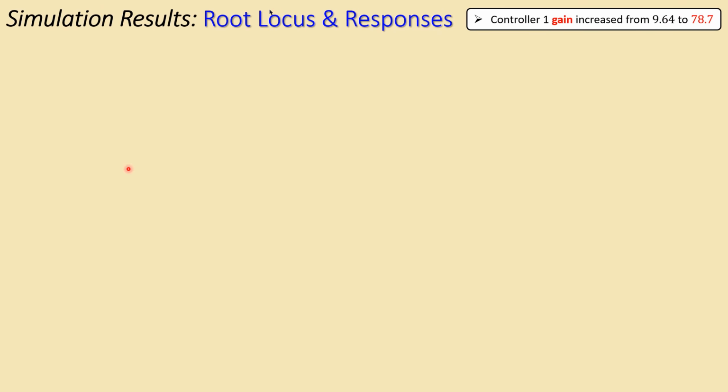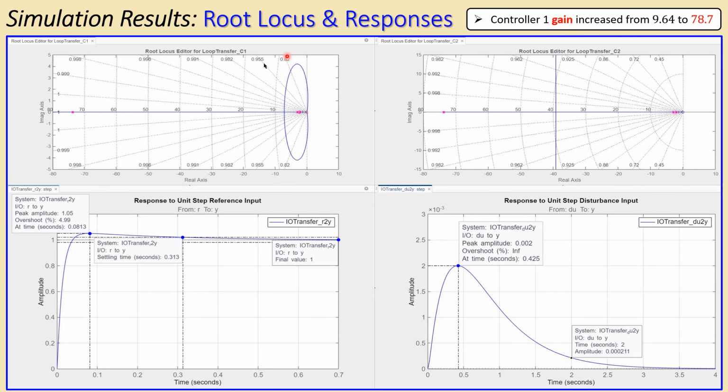Now let's look at the root locus and the responses, so the total situation. This is of course due to the change of that pole, and this is also changing together. What you see is here 4.99%, and also the settling time and the final value. So these are all fine. The settling time is here 0.313 seconds, much smaller than 1 second, and also 4.99%.